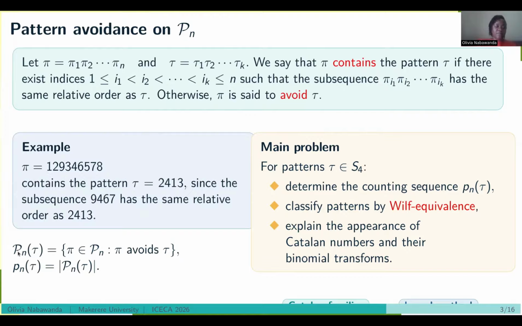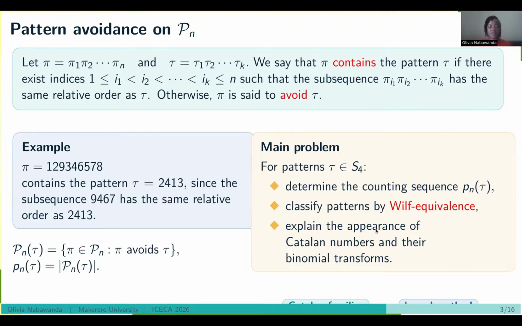We let Pn(tau) denote the set of all distinct flattened partitions that avoid a pattern tau, and we let small pn(tau) denote the cardinality of this set. What we mainly focus on in this work are the patterns of length 4, and we want to determine the counting sequence pn(tau), classify patterns by Wilf equivalence, and explain the appearance of Catalan numbers and their binomial transform.